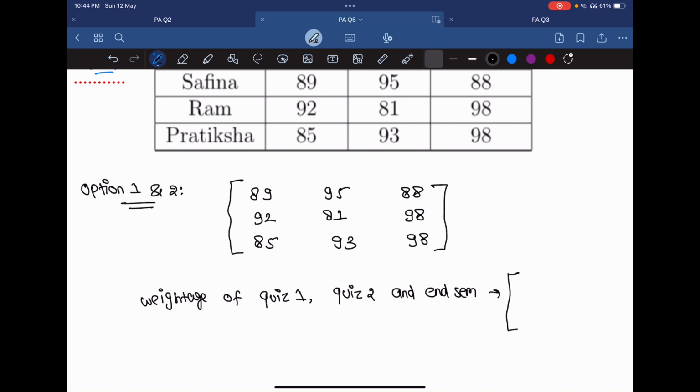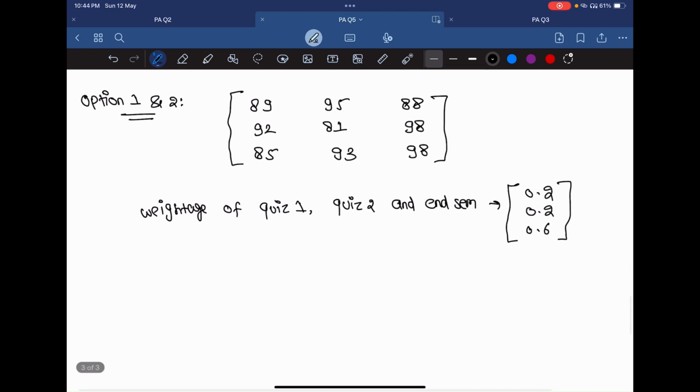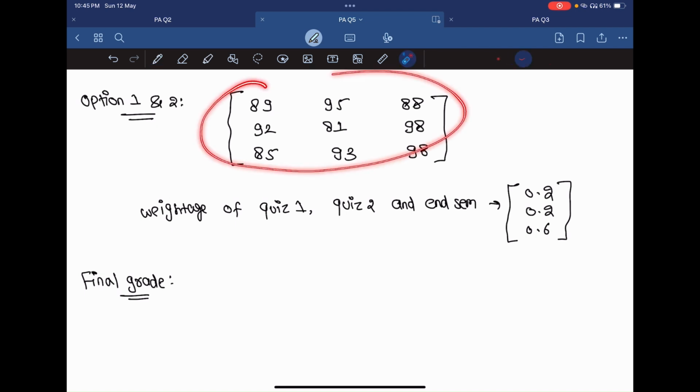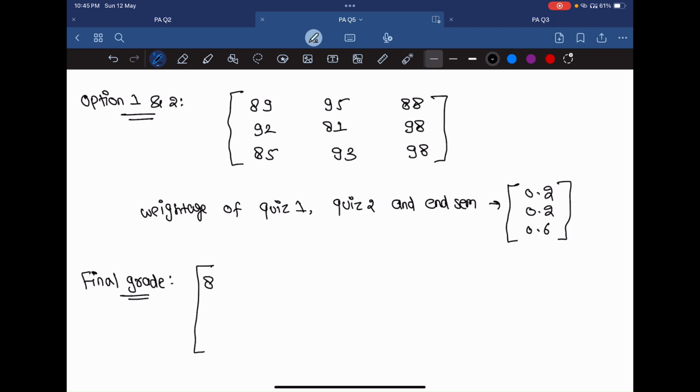That is 20%, so we are taking 0.2, 20% of quiz 2, so 0.2, and 60% of NSEM, so 0.6 we are taking. So the final grade would be given by this matrix multiplied by this matrix, that is 89, 95, 98.